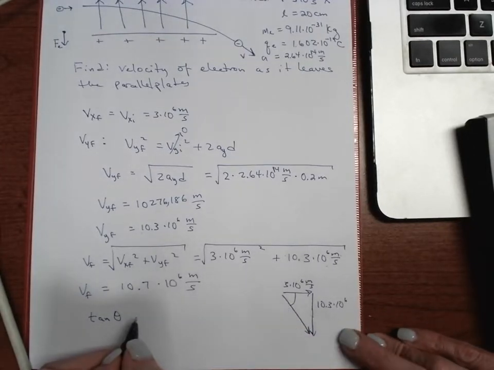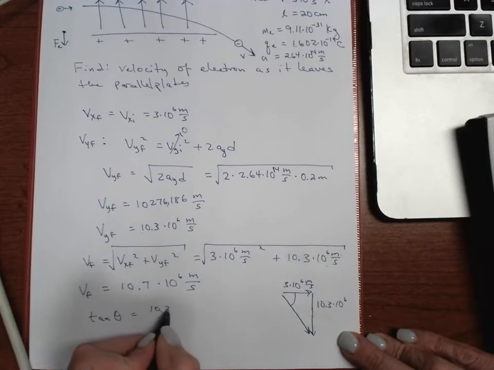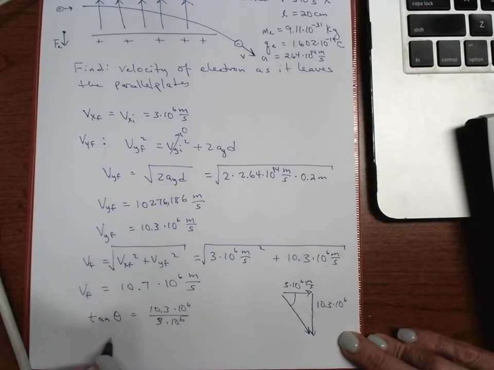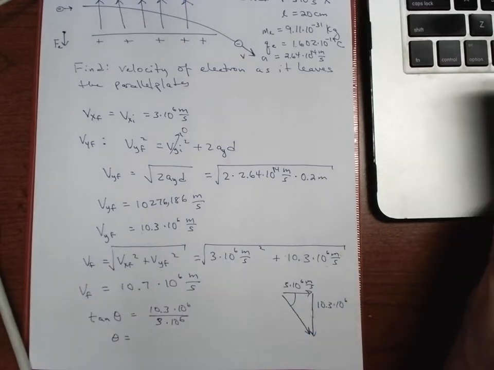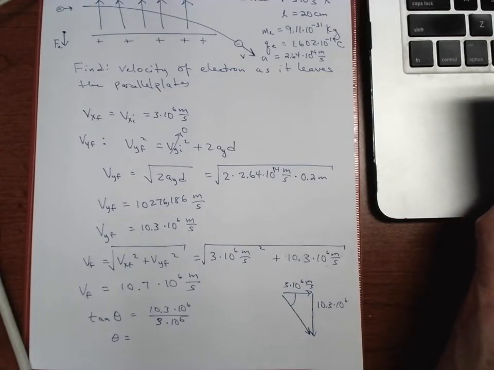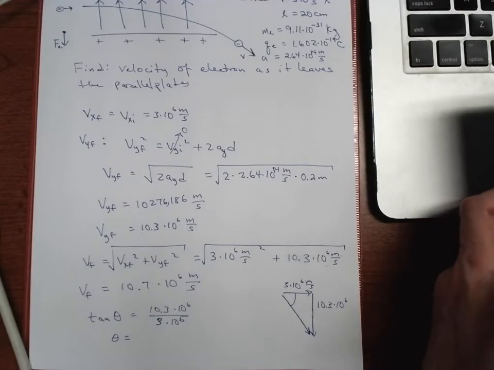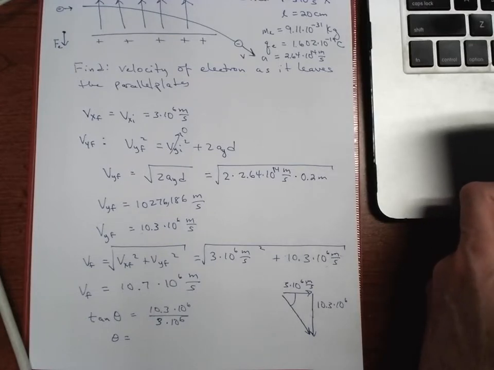Tan theta is equal to 10.3 times 10 to the 6th over 3 times 10 to the 6th. So my theta is going to equal 10.3 divided by 3, because they have the same units, and then inverse tan of the answer.